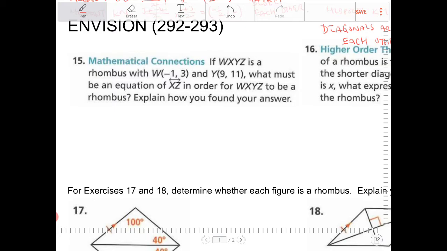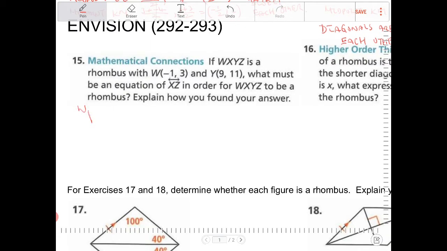So, you draw this picture. It's a rhombus, right? They give you the coordinates of WY. That means you can find the equation of that line. They're asking not for the equation of WY, but for the equation of XZ. How can you do that?